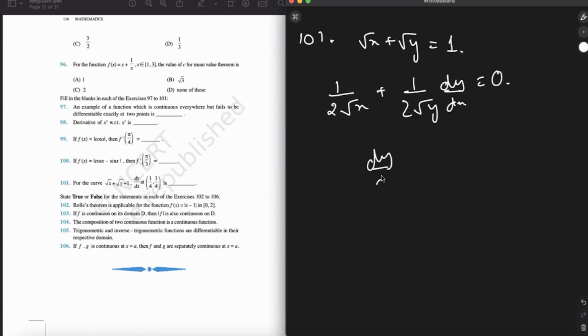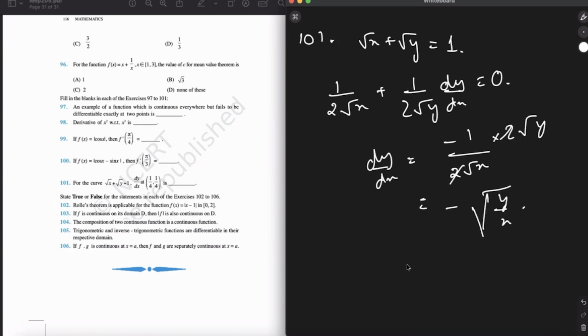So dy/dx = -√y/√x. If I put the values 1/4, 1/4, it will be 1. So dy/dx = -1.